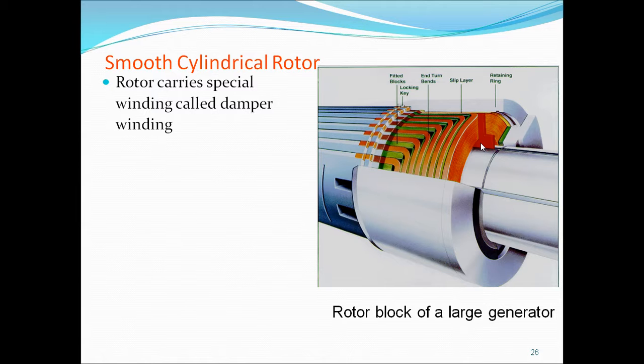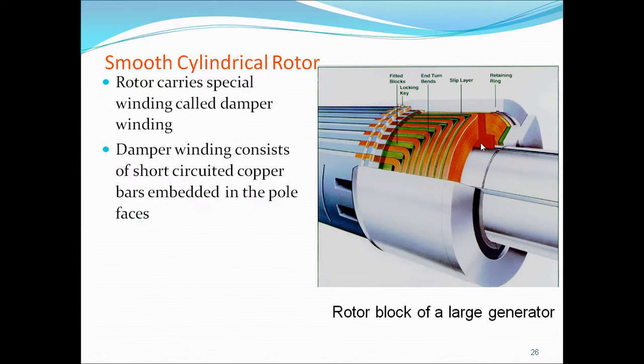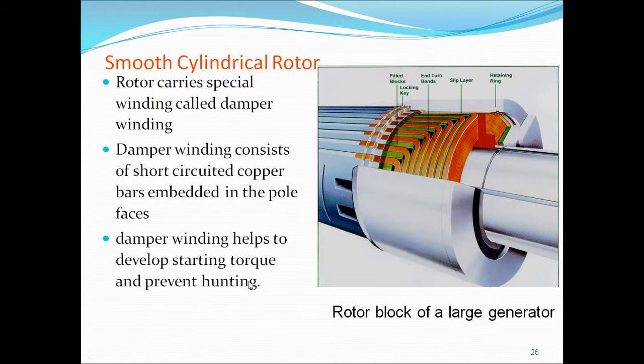It carries a special winding called the damper winding. So how is the damper winding there? The damper winding consists of short-circuited copper bars kept in the pole faces. And what is the purpose of it? It produces high starting torque at the time of starting and reduces hunting.